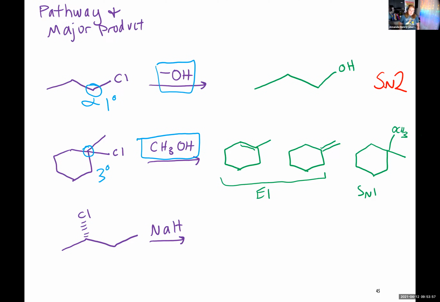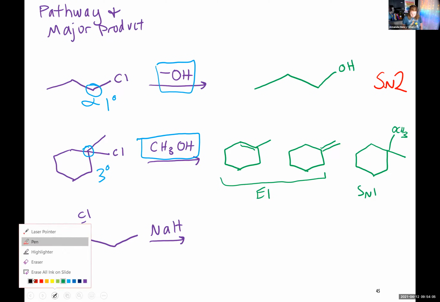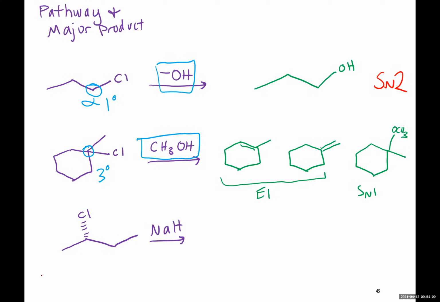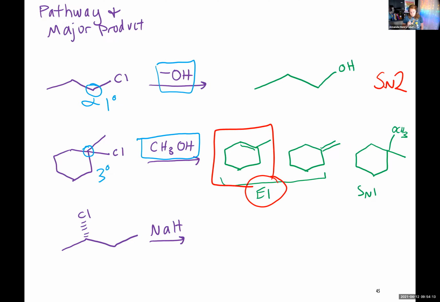Which one of these is going to be the major product? Do you think it's going to go through the E1 pathway or the Sn1 pathway? E1. It is going to go through the E1. And that guy right there is going to be our major product because it's a tri-substituted alkene.